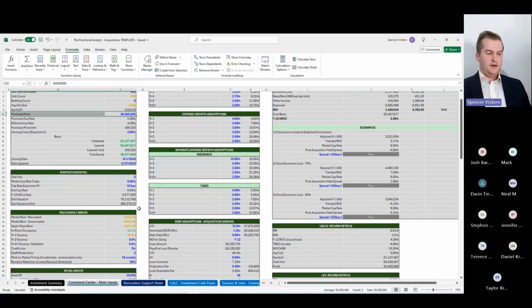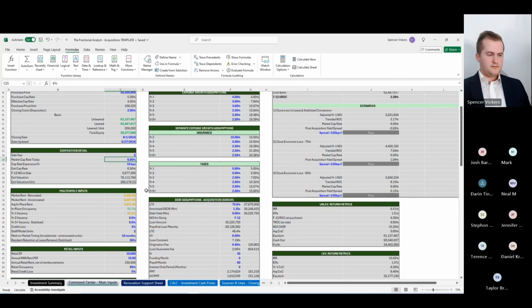I would take a look at, what is the market cap rate today? And then I've added this toggle for cap rate expansion per year. What this essentially is, is a way to make a forecast about future capital market conditions. So standard institutional practice is to increase that by 5 to 10 basis points per year.